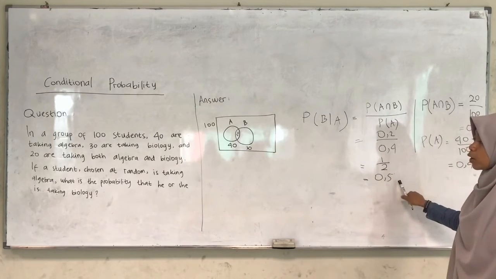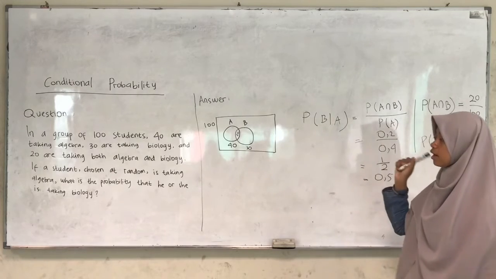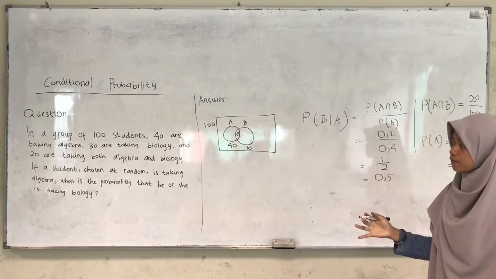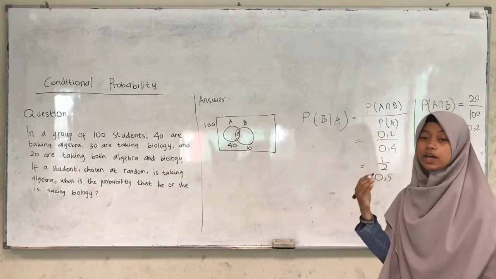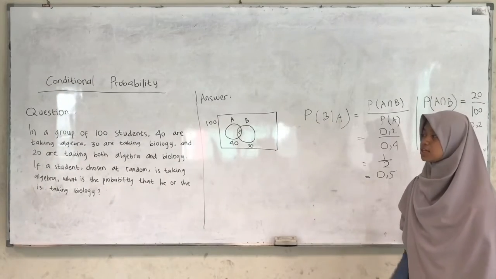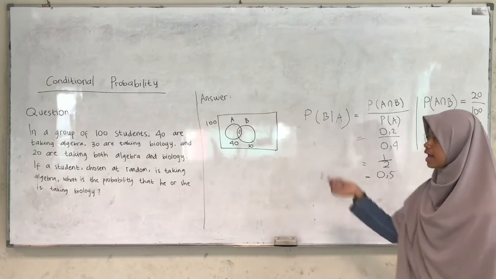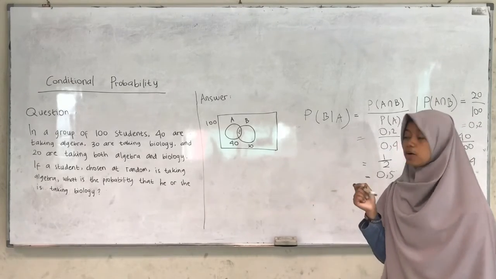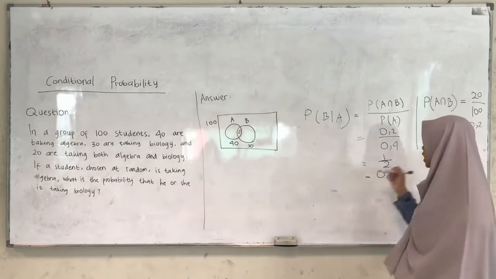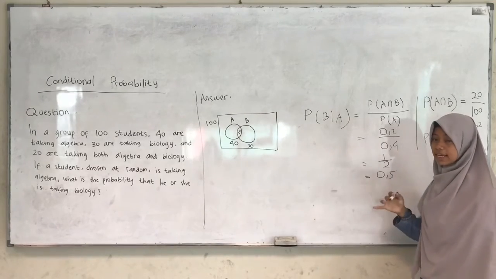This is the probability of biology. So if a student chosen at random is taking algebra, the probability that he or she is taking biology is a half, or we can say 0.5.